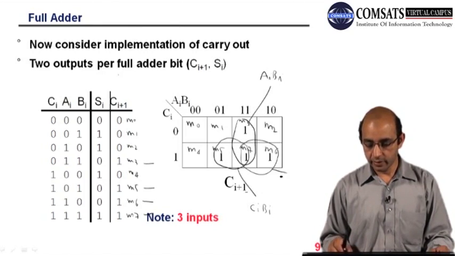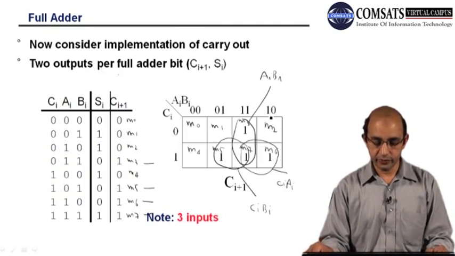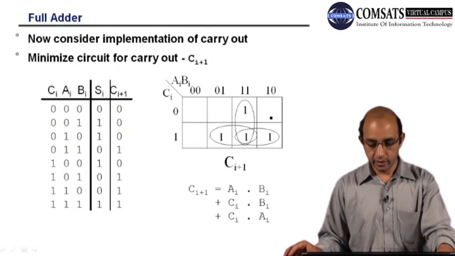If I take this pair, I will be having Ci and Ai, because B will be eliminated over here. So we have 3 groupings and we have 3 terms for carry, right? So this is the way out, right?